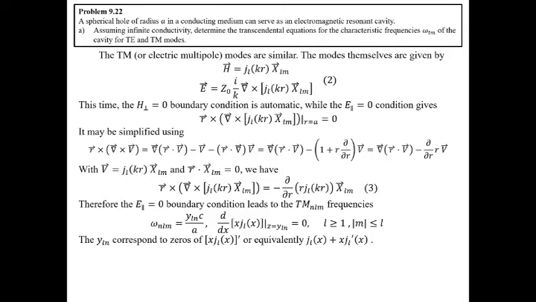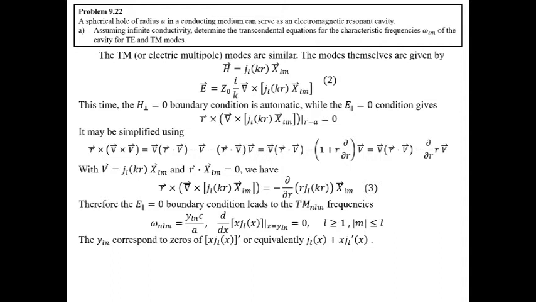With V equals j_l of kr times X_lm and r dot X_lm equals 0, we have the relation like equation 3.